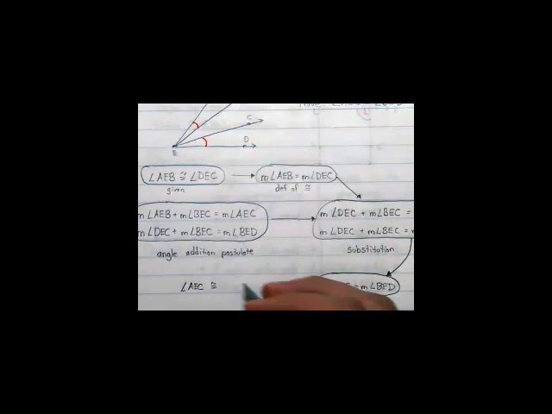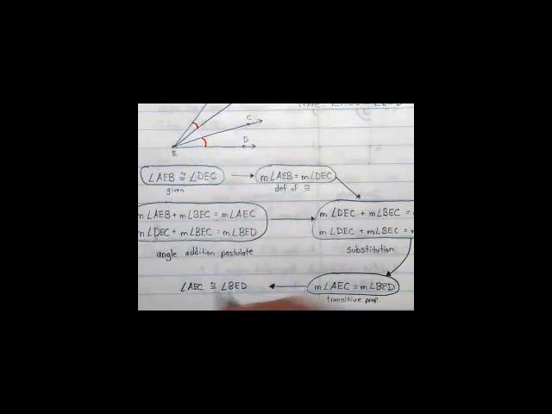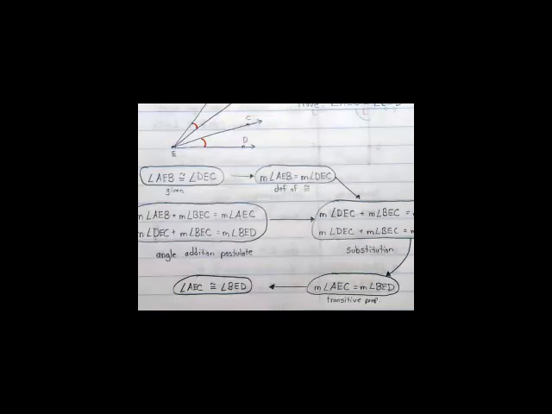Angle AEC is congruent to angle BED. And what's the reason? Abby? Definition of congruent. Yep. You sure did. All right. And that's it. There's my flow proof of that one.